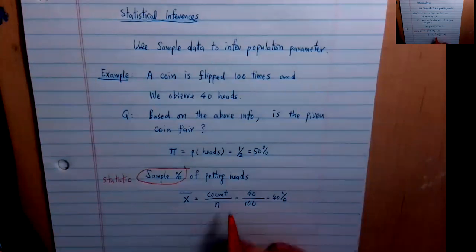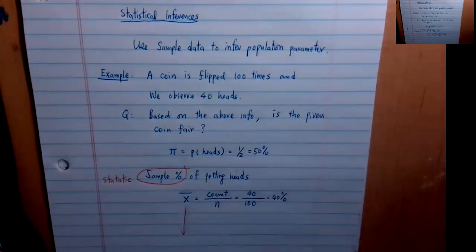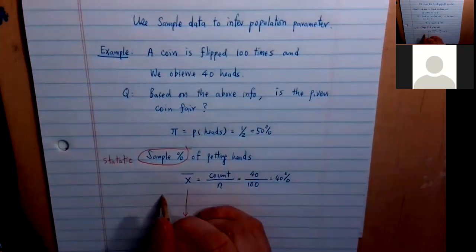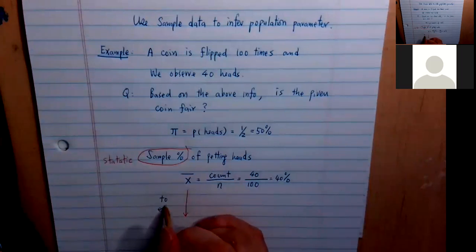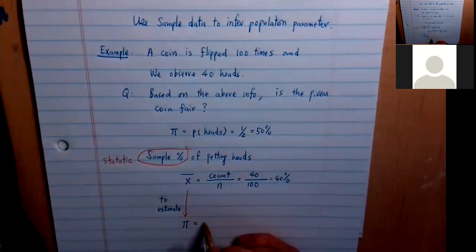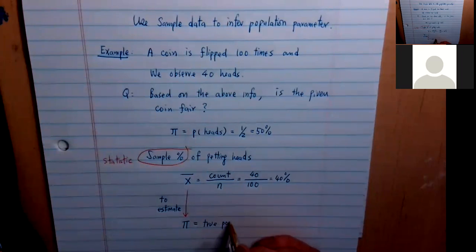And we use the statistic to estimate pi. Pi is the true population percentage of getting heads.